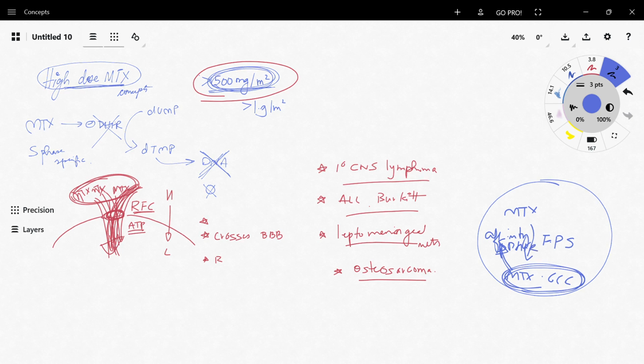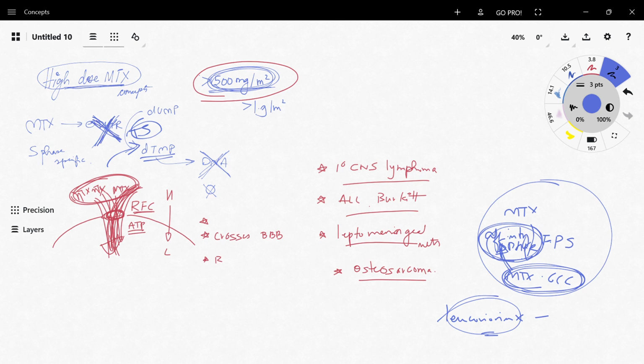Now, the thing with leucovorin is that it does not get polyglutamated. It just bypasses dihydrofolate reductase, and because it's a reduced folate, it directly helps make thymidine monophosphate, and it overcomes that blockage which is there in methotrexate.